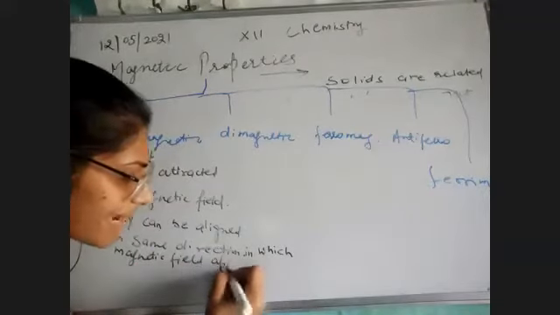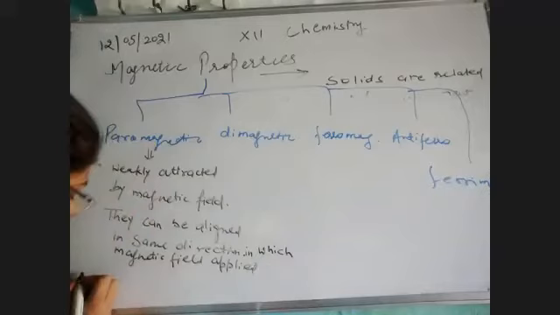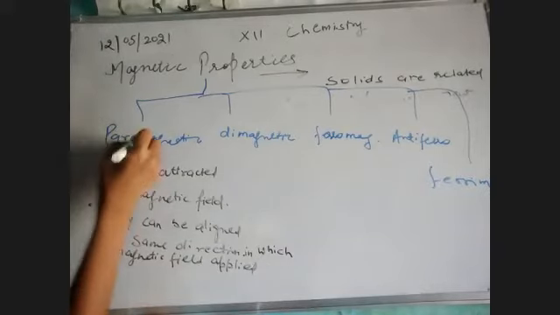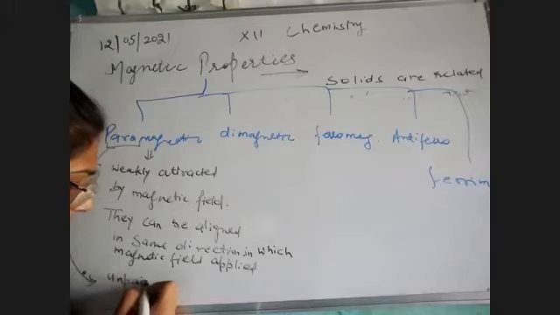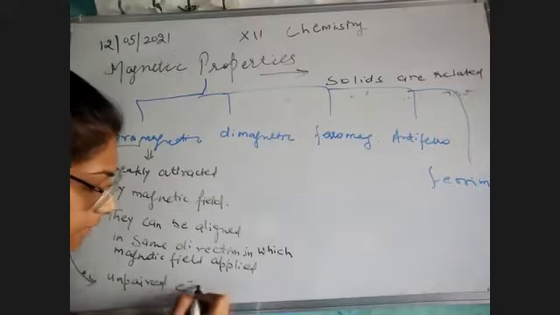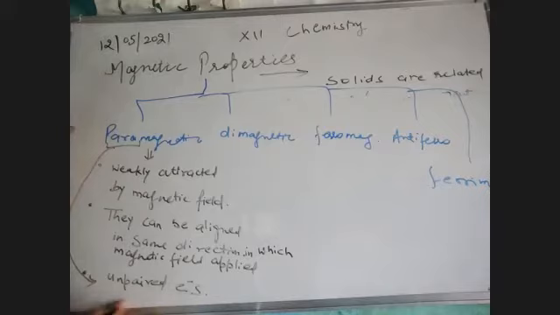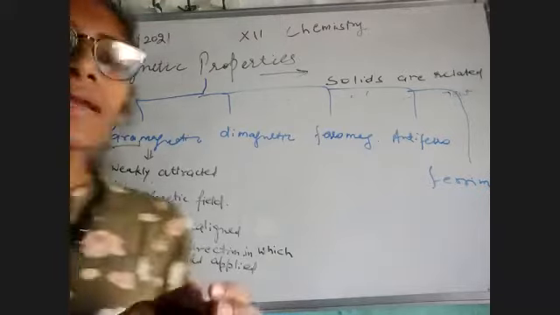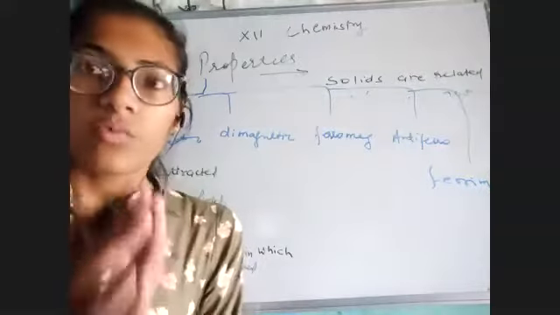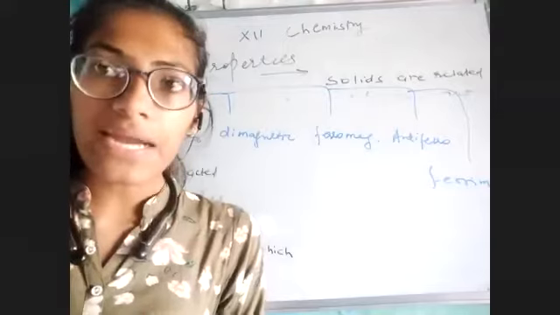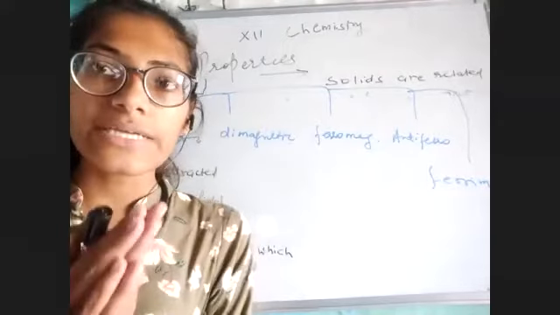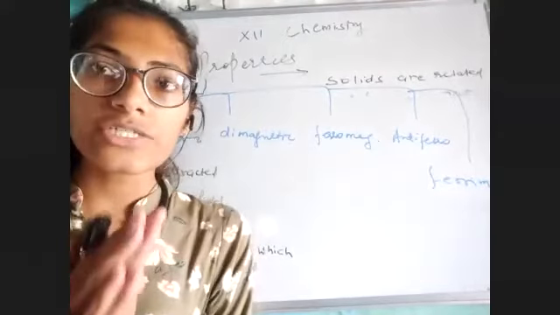Okay. And lastly, the most important point: para means unpaired. Para means unpaired. You have heard this line. I'm damn sure you have heard this, that paramagnetic substances are those which have unpaired electrons. Due to these unpaired electrons, they show a magnetic property known as paramagnetism.